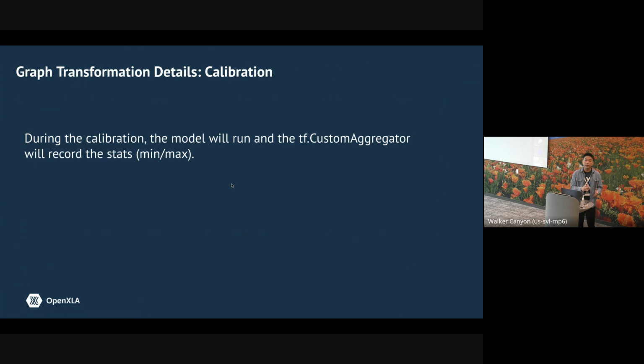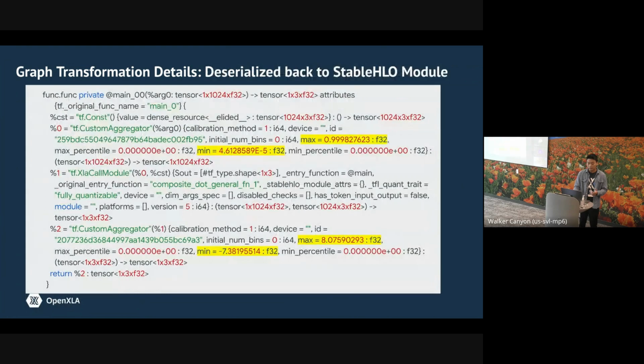Okay, now we're going through the calibration. We serialize the model and run it using the calibration data in the runtime. The TF custom aggregator will record the stats during the calibration. So now we can see that the TF custom aggregator has the min and max values in it.